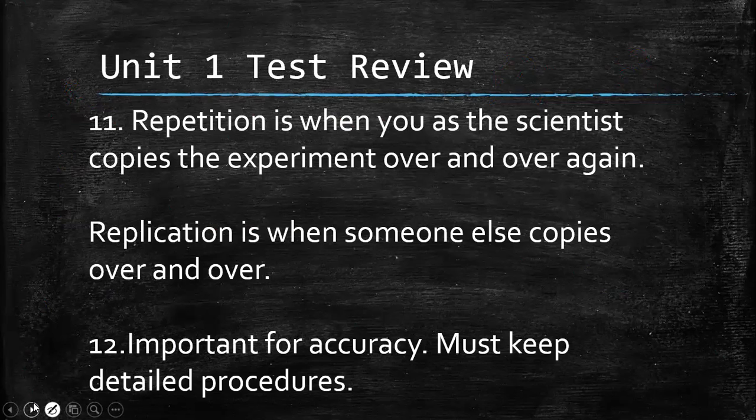And replication is when someone else copies it over and over to also make sure it's correct. So number 12, both of these are important for accuracy and precision. And because of that, we must keep detailed procedures. Repetition, multiple trials. Replication, someone else tests it. If someone else is getting the same results as your multiple trials, then we can prove that that is accurate.